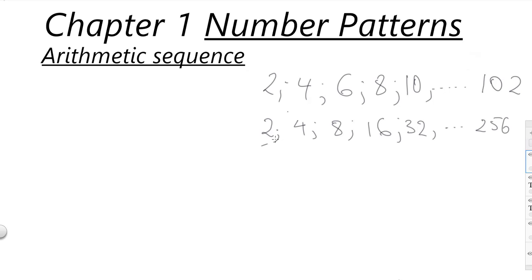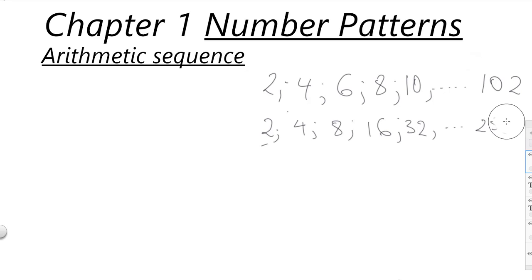But the second one, you can see we have a 2. When you multiply 2 by 2 is 4, you multiply by 2 is 8, you multiply by 2. So here we are adding 2, and here we multiply by 2. The number that we multiply by, we call a common ratio.